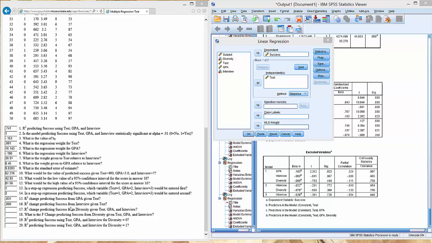Next, we want to predict success from diversity given test, GPA, and interview. So we need to change this back to enter. And we have test, GPA, and interview after the given. Before the given, we have diversity.